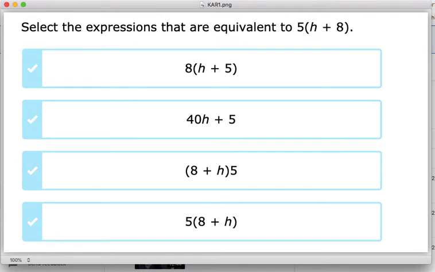Let's select the expressions that are the same as 5 times h plus 8. So we will use the distributive property here. We'll take that 5 and multiply it by h, and we'll take that 5 and we'll multiply it.